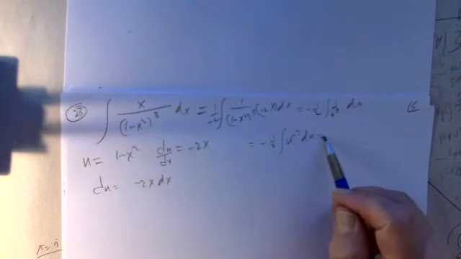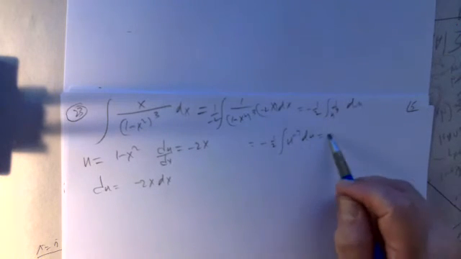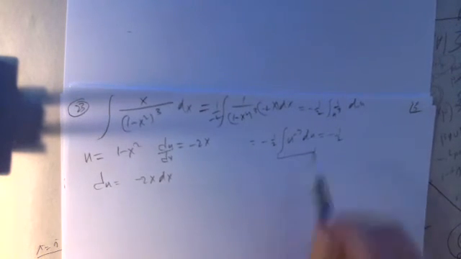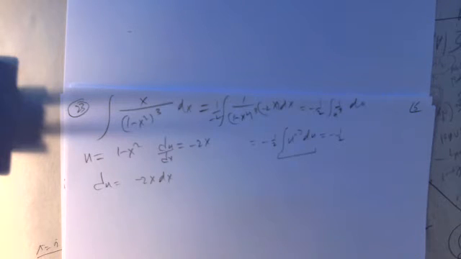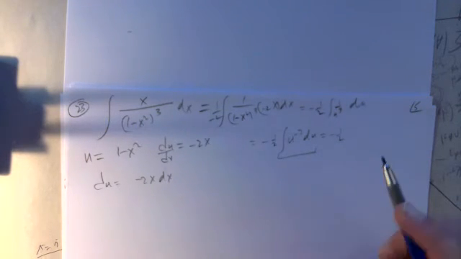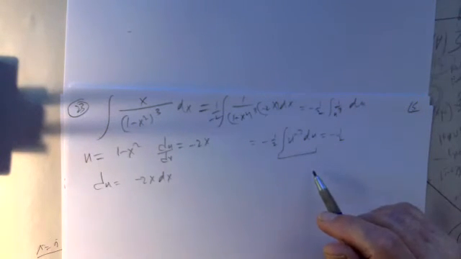And what's the integral of u to the minus 3? All right, minus 1/2. What is the integral of u to the minus 3? U to the power minus 2. Well, not quite.